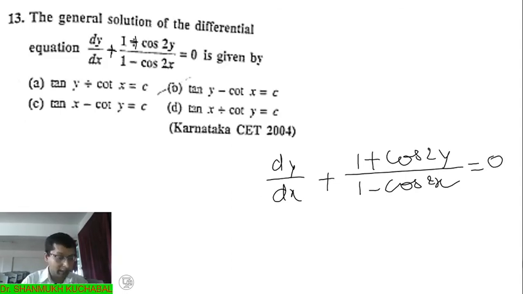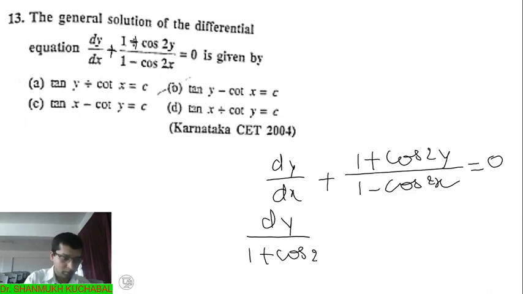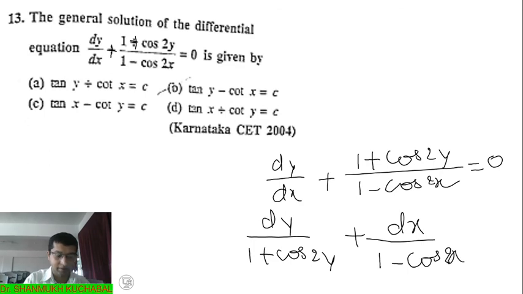Further, taking dy and y on one side, dx and x on the other, we get dy by 1 plus cos 2y plus dx divided by 1 minus cos 2x equal to 0.